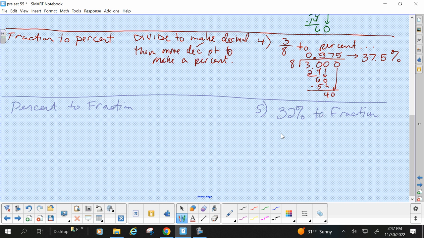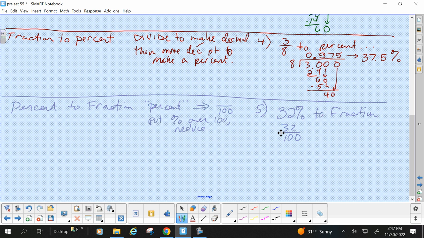Now remember, key to this is easy. What does percent mean? Percent means per 100. So you just put the percent over 100 and reduce. 32% is 32 per 100.